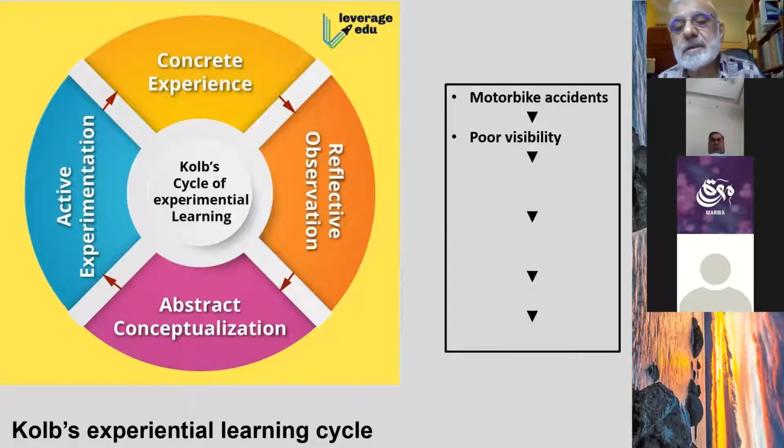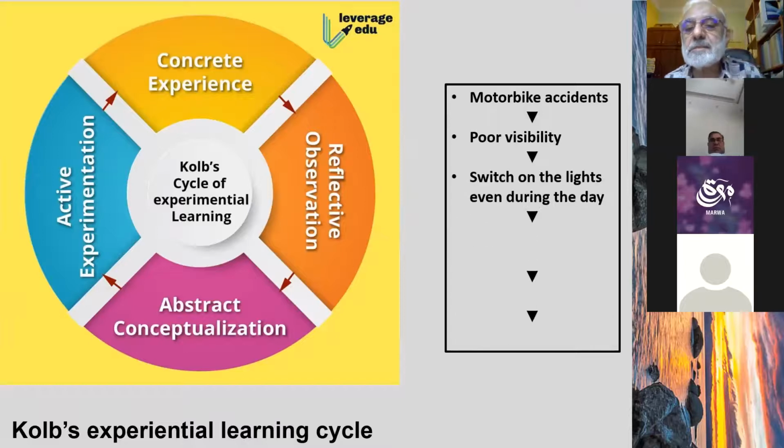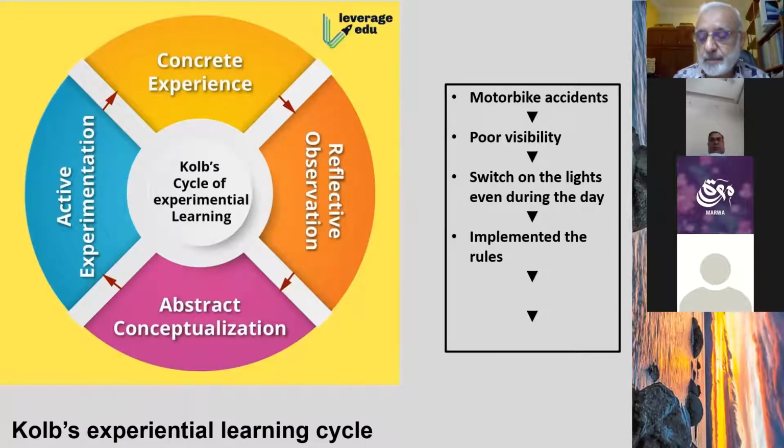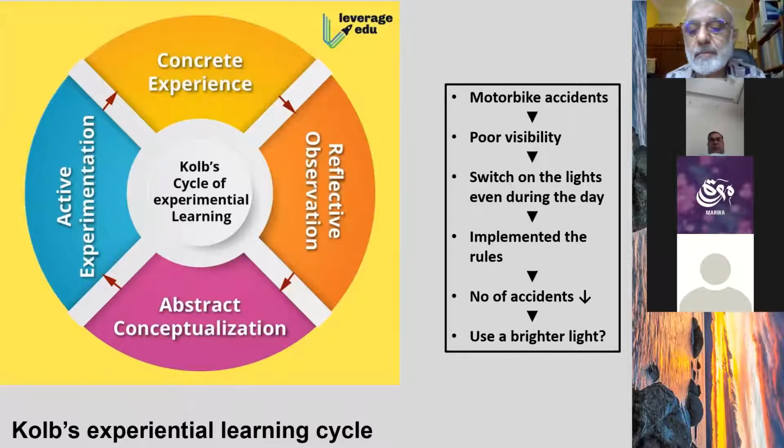One possible reason is thought to be poor visibility. A decision is made to switch on the lights even during the day. Then this rule is implemented, and the result is that the number of accidents has decreased. So the next thought could be, would using a brighter light be even more helpful? So this is one example of Kolb's cycle of experiential learning. We will talk a bit more about it in the next few slides.